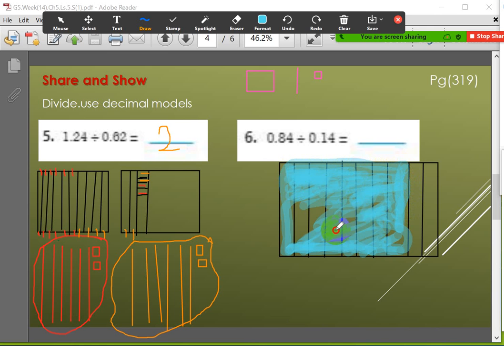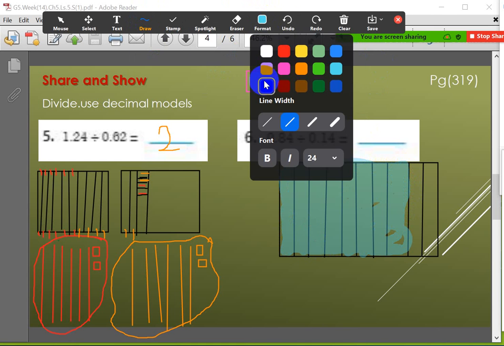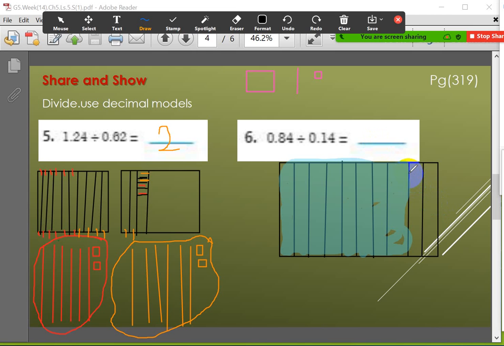And I have 4 in the hundredths digit. This means I have 4 squares. So 4 squares, that means 1, 2, 3, and 4.